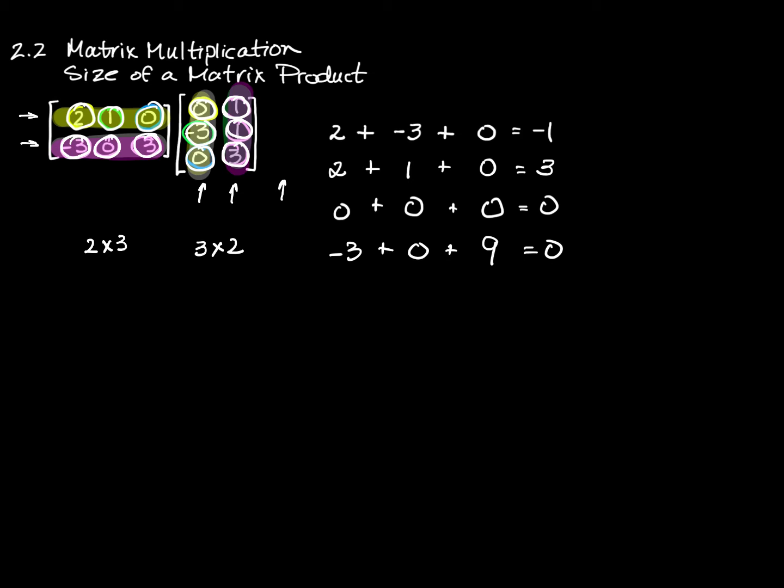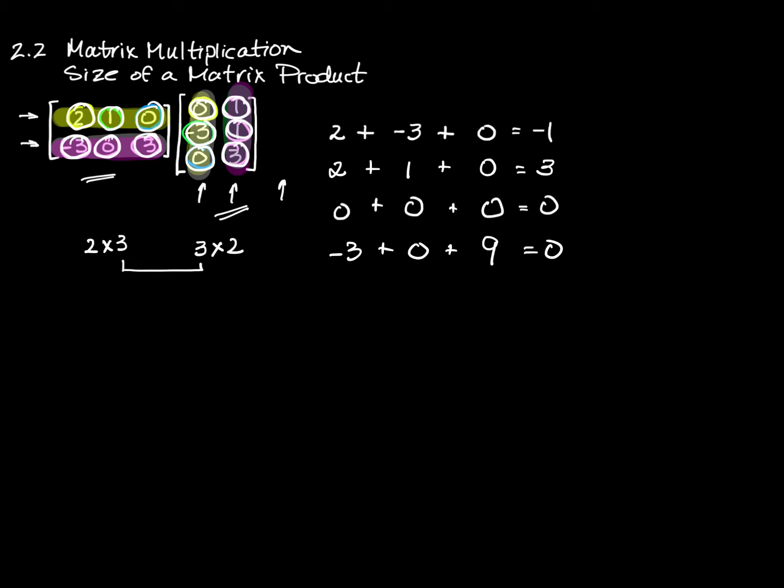When I say this is a 2 by 3 matrix, I mean it has 2 rows with 3 columns. And when I say this one's a 3 by 2, I mean it has 3 rows of 2 columns. Since the number of entries in the rows of the first and the columns of the second have to match, you'll notice that these 2 numbers are the same number. If those 2 numbers are not the same, you will not be able to do matrix multiplication.